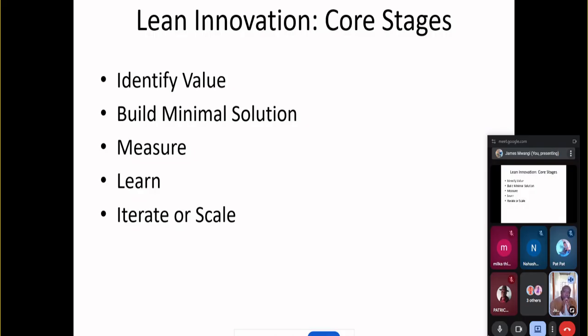So here you identify the value. How much does it take to solve this problem using this solution, or this solution? The first thing is to identify the value. What does it take to build a dam? Then you build a minimal solution. You do measurement.